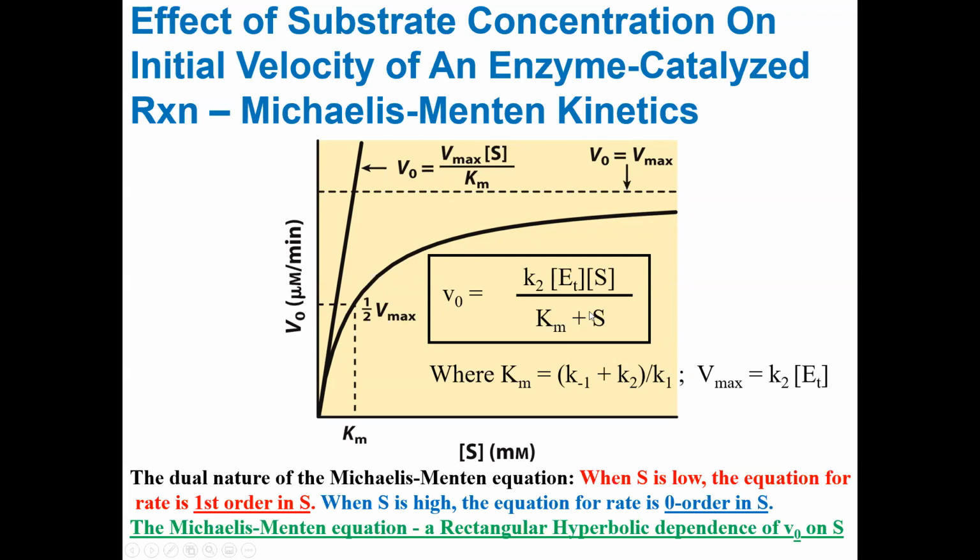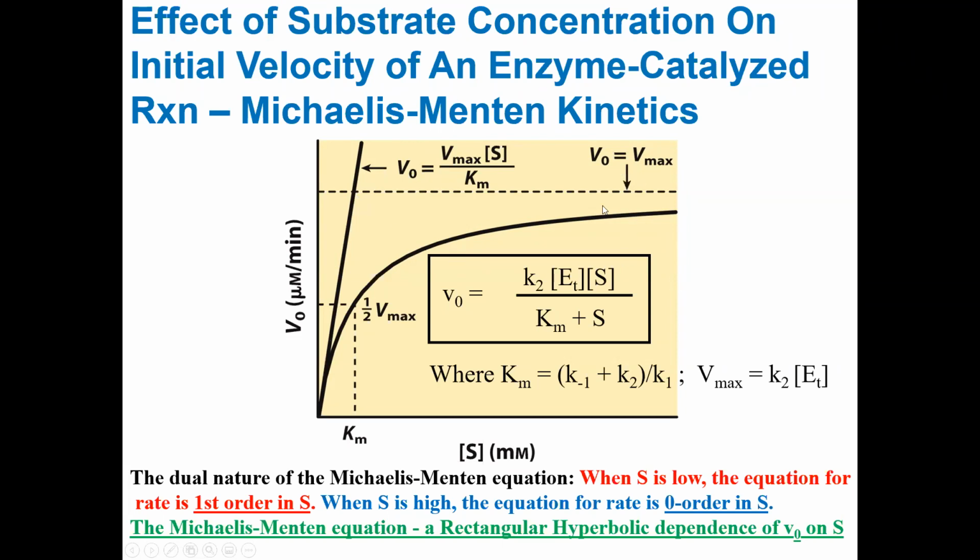If you do that, your V0 becomes Vmax times S divided by Km, exactly what they're showing you here. And if you look here, Vmax is a constant, Km is a constant, so V0 is linear with respect to S. That's a linear dependence of initial rate on S, and that's what is shown here.